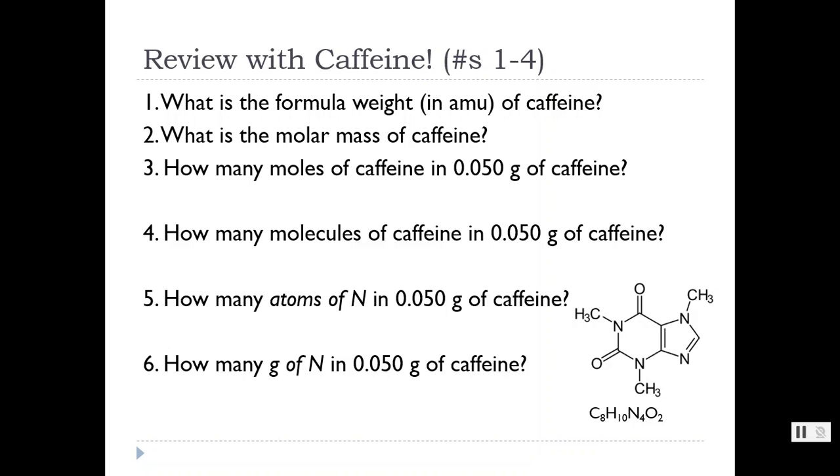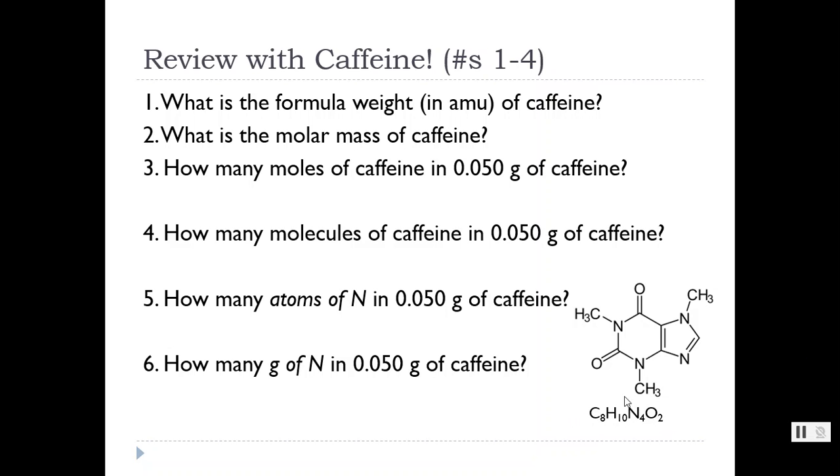Now, molecular formulas are different than empirical formulas. You remember from a previous video, empirical formulas are the simplest whole number ratio of atoms in a molecule. I mention that here because in subsequent videos in this chapter, we're going to talk about how to calculate empirical formulas.